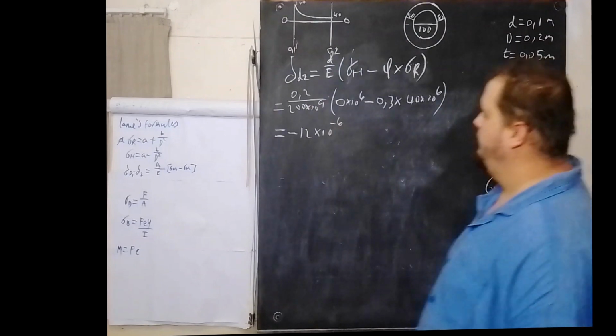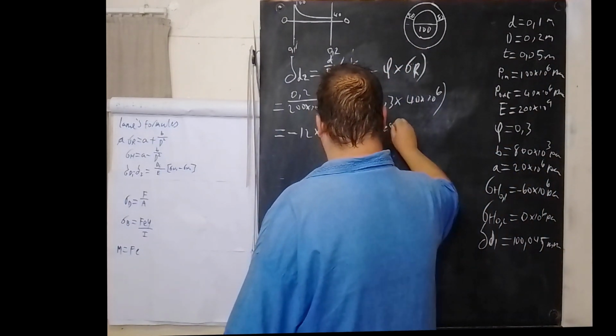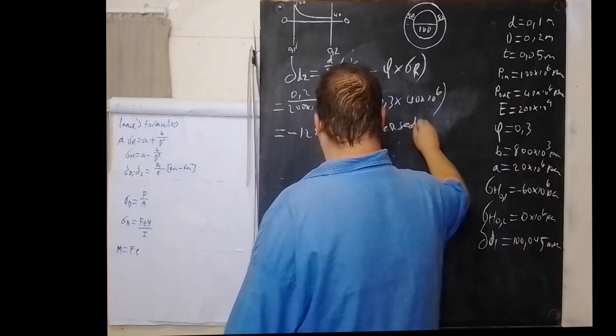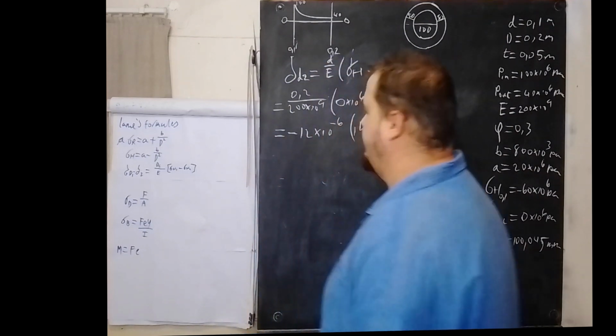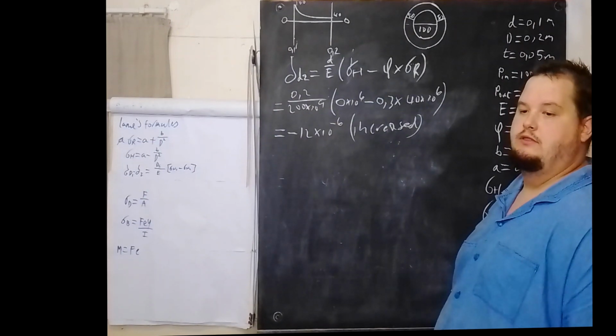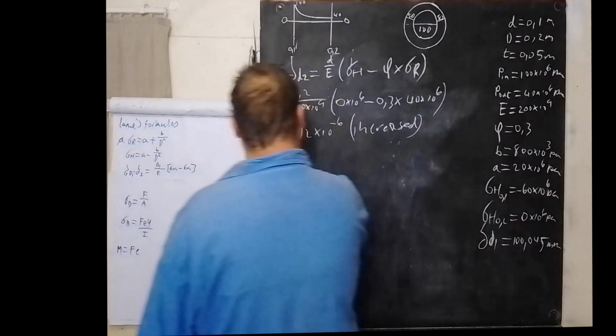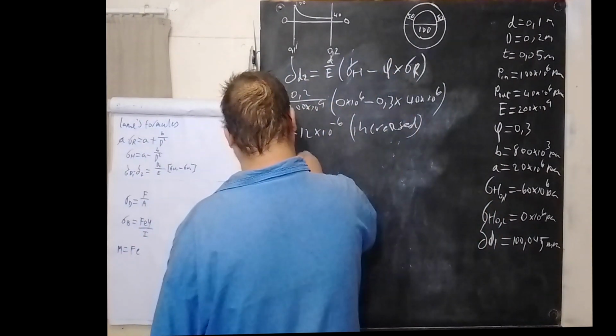Now this is increased, because all negative answers have increased, because it's a tensile load. So it's expanded. The next part is we multiply by 1,000.